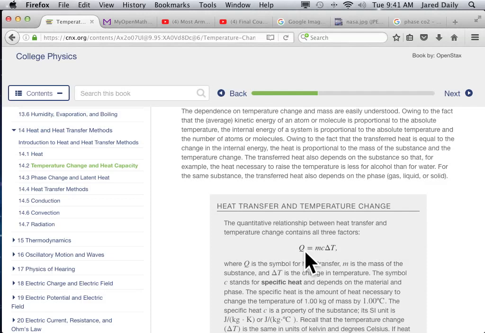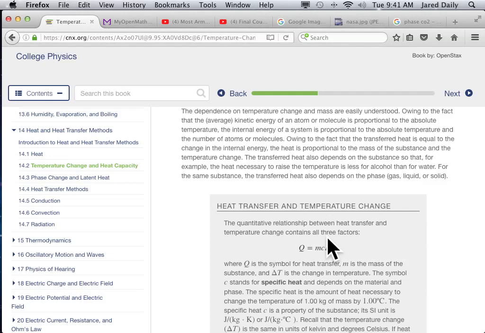I might put 100 joules of heat into water and only get a small change in temperature. If it's a big mass of water, 100 joules of heat is not going to change its temperature very much. If it's a small amount of water, 100 joules will tend to change it more. So mass is definitely a key, but the other thing is whether it's water or something else. 100 joules of energy might change water by a temperature of only 1 degree.